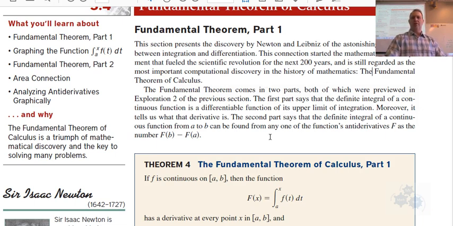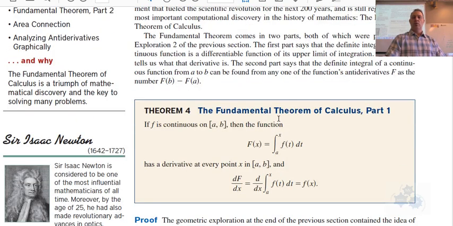So from what we know of the fundamental theorem of calculus, we know a couple things. The first part says that if we have a function and we integrate the function, we have something called the antiderivative. Or if you take the derivative of this function, you should get this function, right?